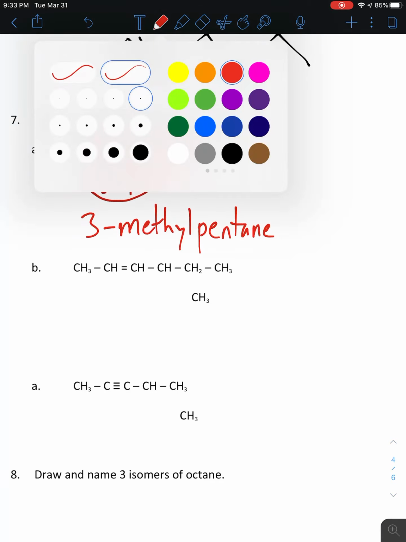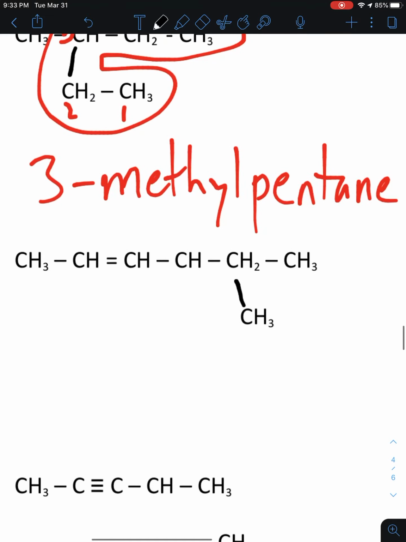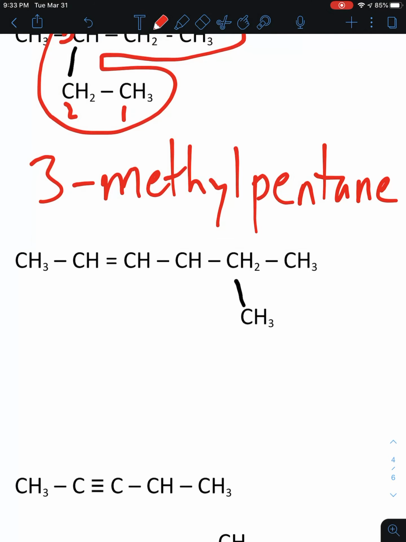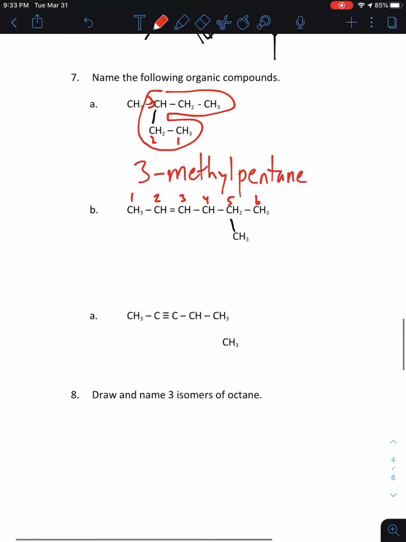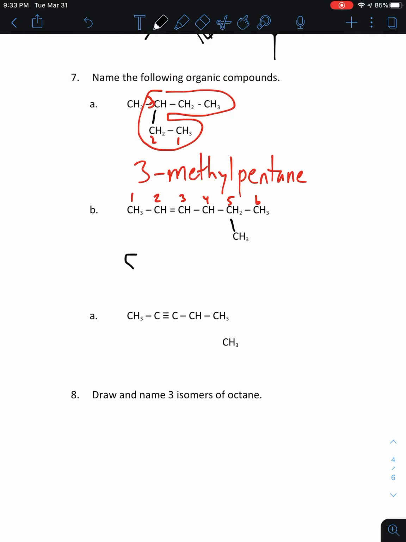And then this next one here, I'm just going to call it like that. When we go to number this one, we're going to start from this side because we have our double bond closest to that side, and that takes priority over our branch. So since we have a branch, we'll start with that.